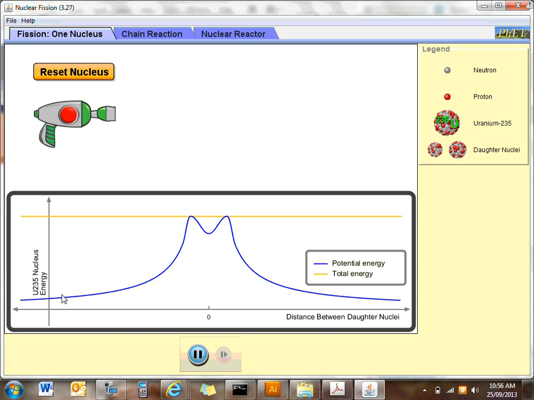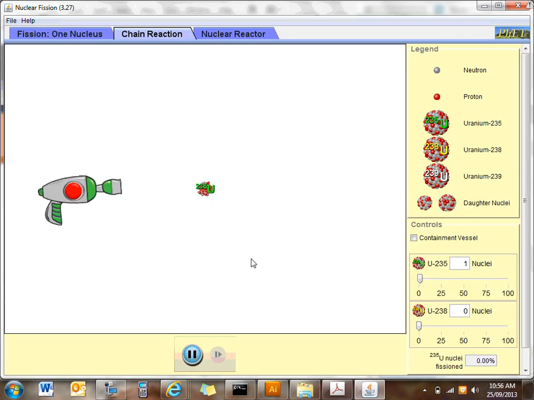Notice again, this is the nucleus energy, and across here, this is the distance. So there's 0, that's where we're starting from, and the daughter nuclei are moving left and right. I'll just show you one more time. It gets excited, vibrates crazy. Let's do a chain reaction now. I'm going to increase the number of U238.